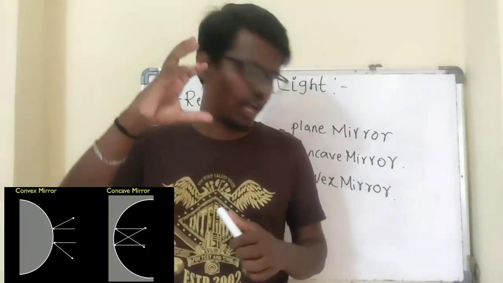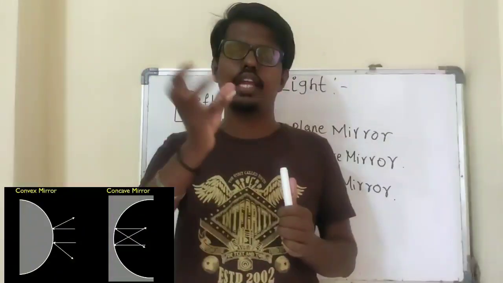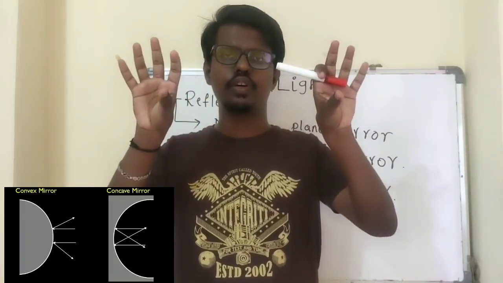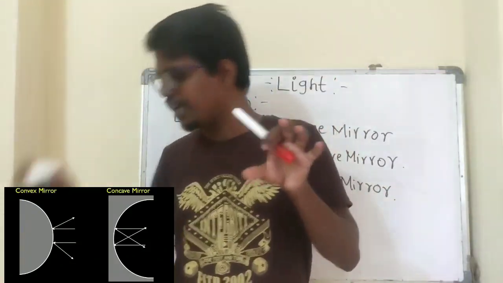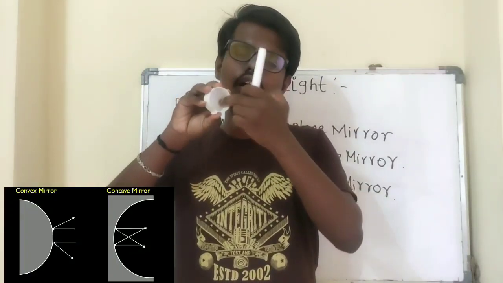Assume that there is one ball here. This is a spherical mirror, and if I cut this spherical ball, it becomes two parts. The inner side will be hollow.